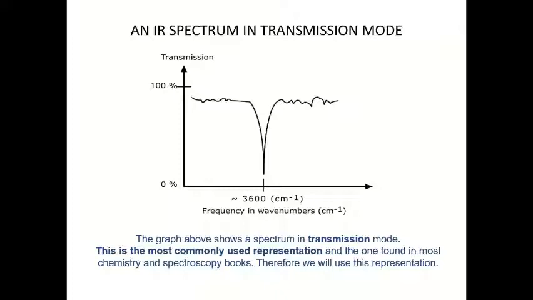That is going to be found in most of the chemistry and spectroscopy books, also in research papers or manuscripts, and therefore we will use this representation in our characterizations when we characterize all these samples in all these steps of this synthesis, right?